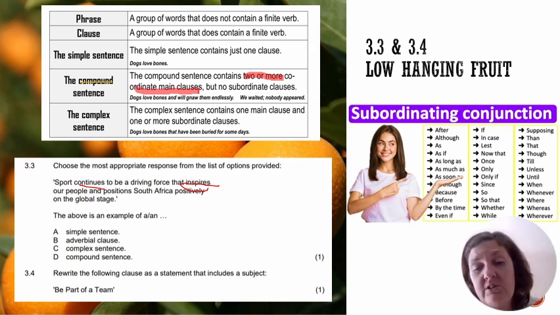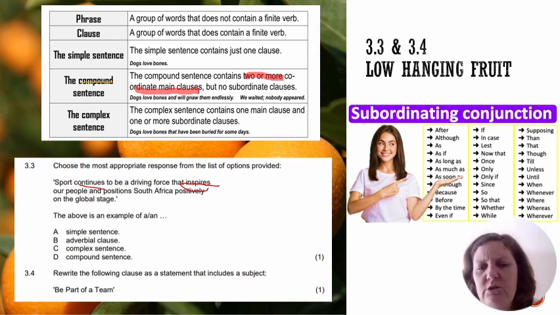Sometimes the conjunction can be a punctuation mark, so watch out. And there are two main clauses. Each of the clauses can stand on their own. Sport continues to be a driving force. Sport inspires our people and positions. Can those two things stand alone? No, they can't. Okay? They are linked in this instance.